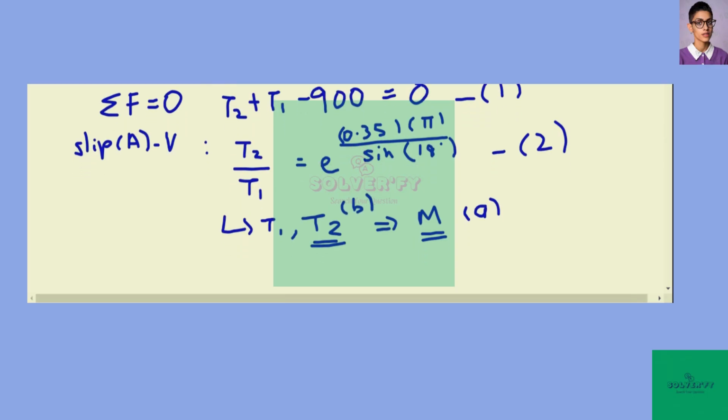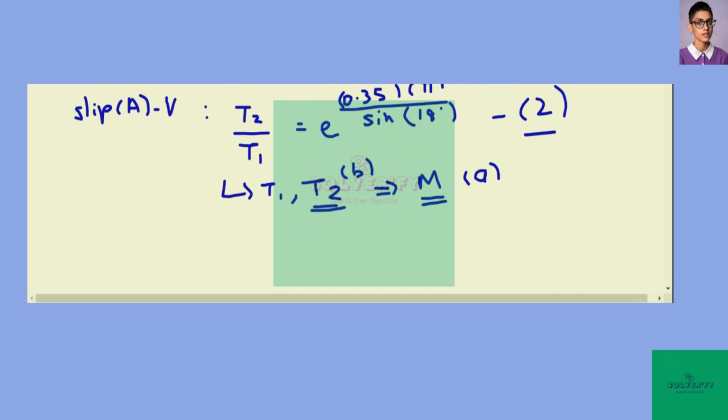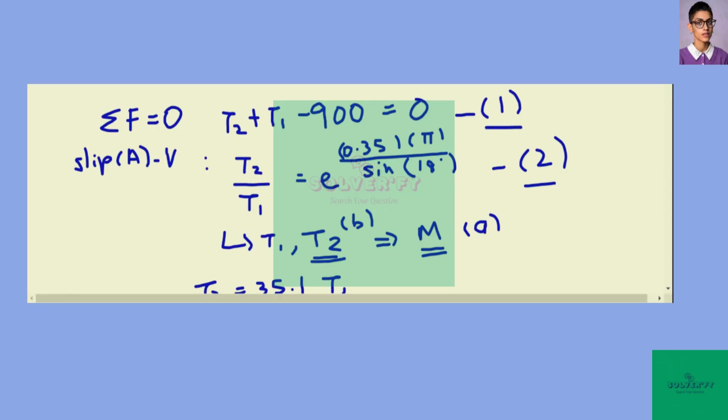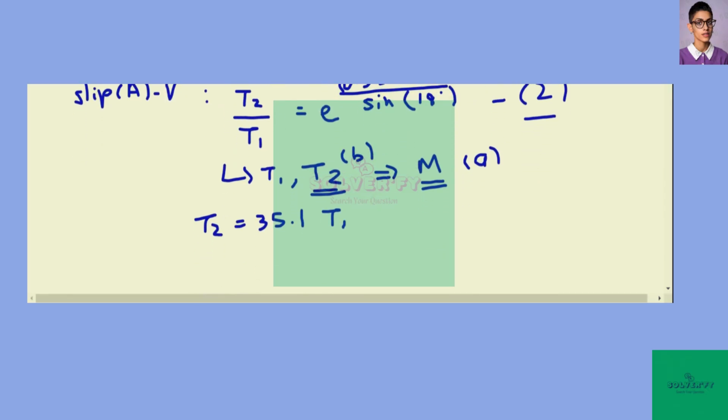So from equation 2, we basically have T2 equals 35.1 T1. Substituting that back into equation 1, we get 36.1 T1 is equal to 900 newtons.